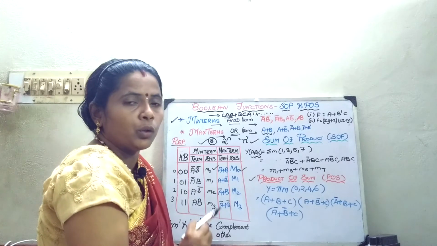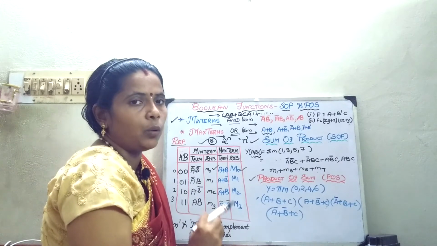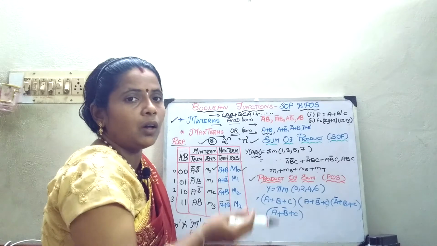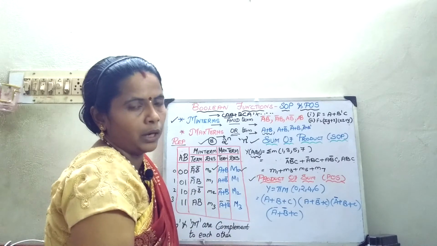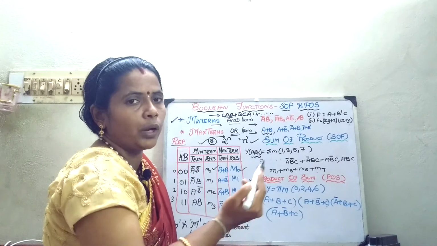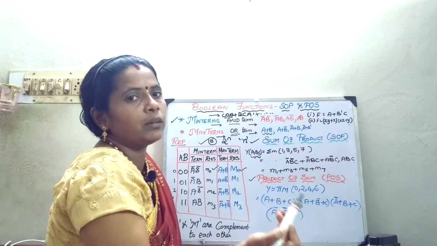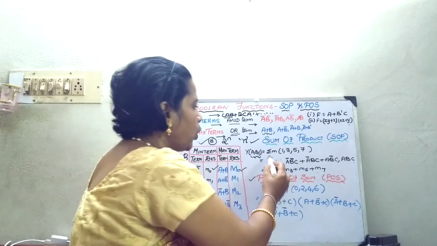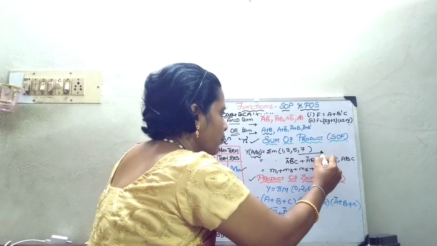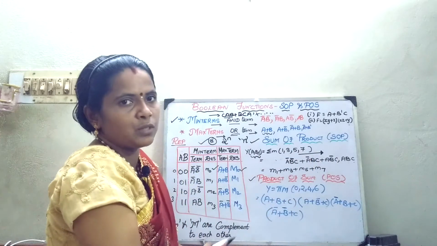Now you know, in the last class we have seen how to write the truth table. Not all your outputs are going to be 1. So whatever outputs you have as 1, those you are going to write as an expression. That is your min term expression. I have just taken one example.